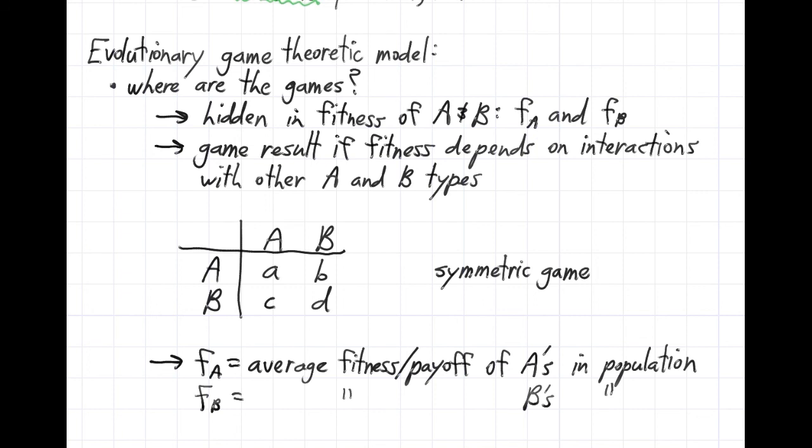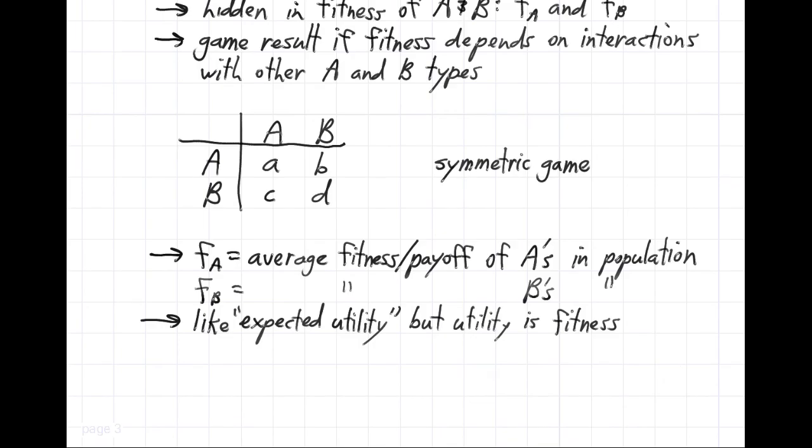Also note that when we're talking about average fitness or average payoff, we're kind of talking about expected utility here, where utility is now the reproductive fitness of an individual. So we can work out what FA and FB are, because we know the frequencies of the different types in the population. The frequency of A types is X, and the frequency of B types is 1 minus X.